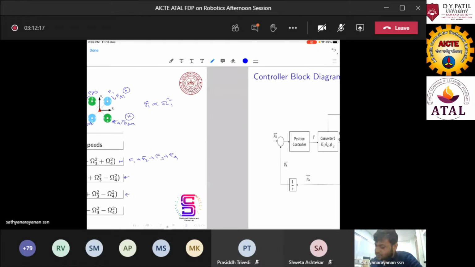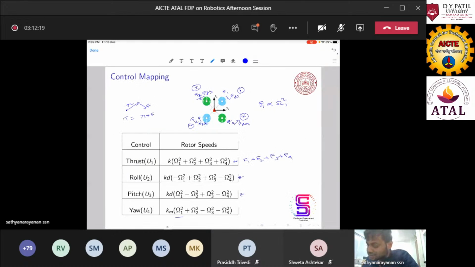So before that, I will just say how, given U1, U2, U3, and U4. So U2 is called roll torque, U3 is called pitch torque, and U4 is called yaw torque. So given U1, U2, U3, U4, how do you find the map?